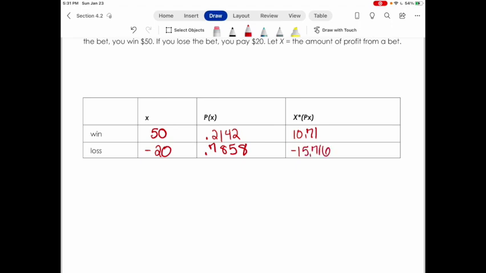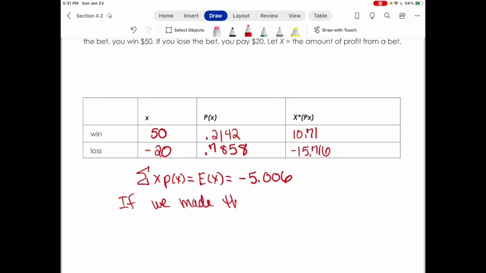And if I take negative 20 times 0.7858, that's going to give me negative 15.716. So then I have to add up those values. That would give me my expected value. So when I take 10.71 and add negative 15.716, that gives me negative 5.006.